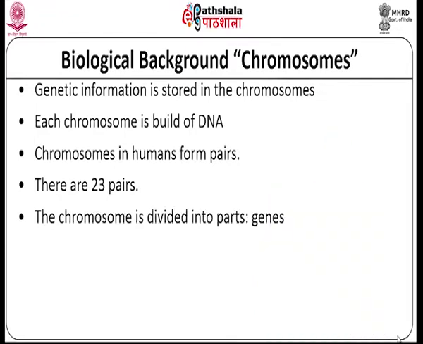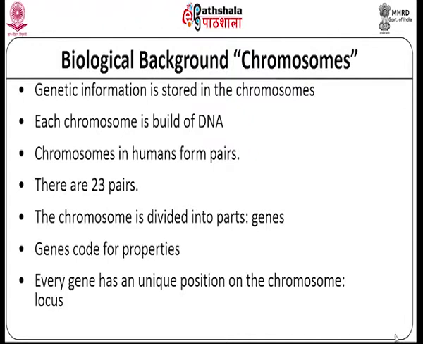The chromosome is divided into parts called genes. Genes code for properties, and every gene has a unique position in the chromosome, its locus. So, every gene occupies a particular locus, and there is a gene code which decides the properties. That is the biological background of chromosomes, and we have adapted chromosomes for genetic algorithms.